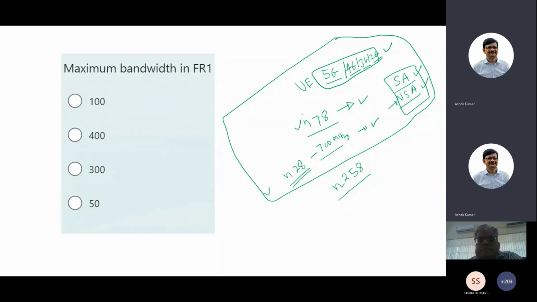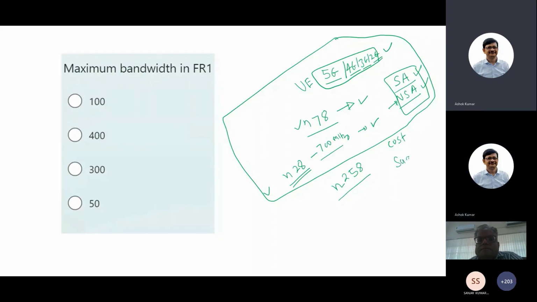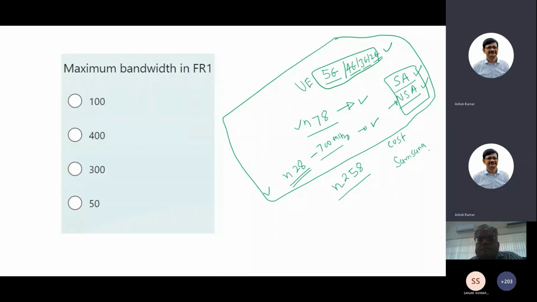And the more channel bandwidths your phone supports, the higher your cost will be. If you look at the Samsung phones, they're higher-end models, so they may cost you 80,000, 1 lakh, and so on, because they are supporting so many bands. Those phones are international phones which operate in many countries.